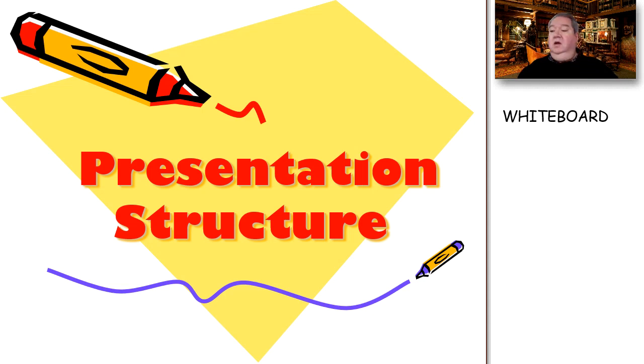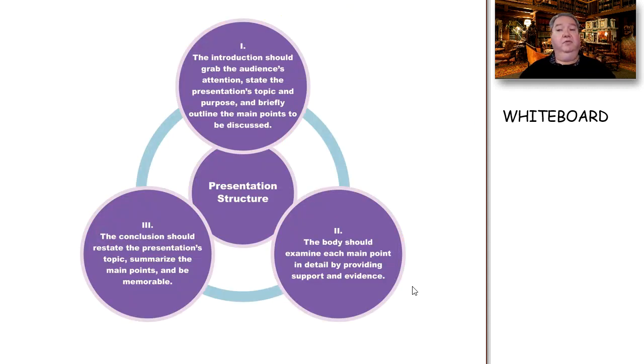So, basic presentation structure. There are 3 parts. In almost any presentation, the basic idea is that you have an introduction. And the introduction should grab the audience's attention, state the presentation's topic and purpose, and briefly outline the main points to be discussed.